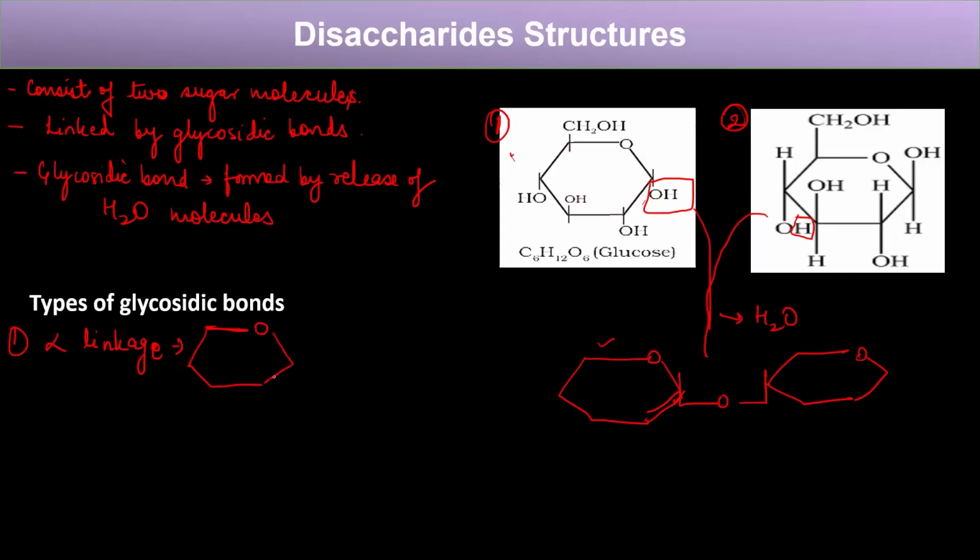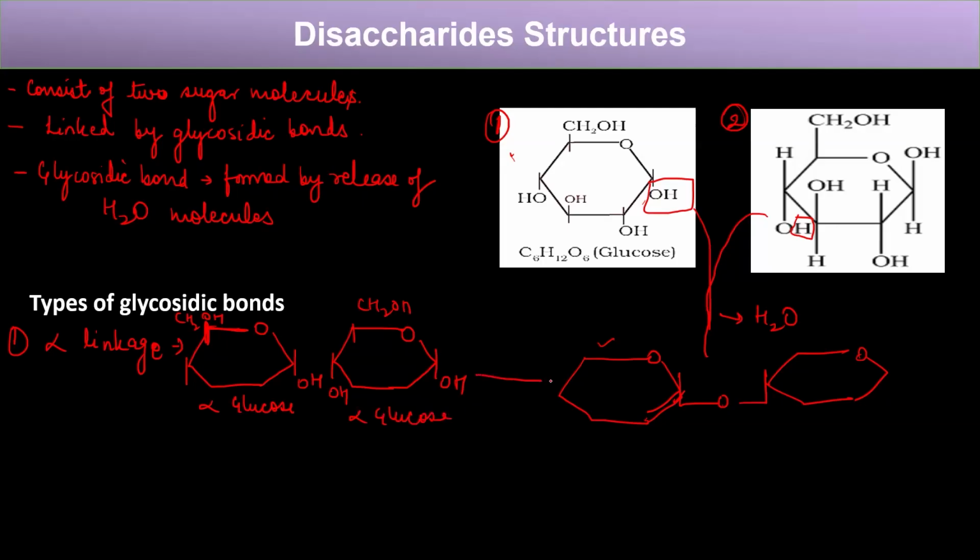So this is, say, alpha glucose, because it will have CH2OH. And again, you have another alpha glucose. So OH is here, this is your another OH, this is your CH2OH. So this is again alpha glucose.